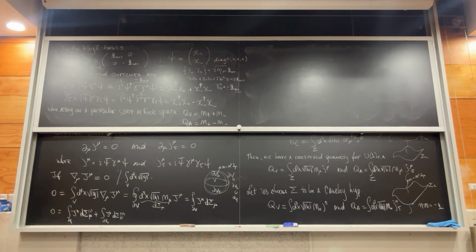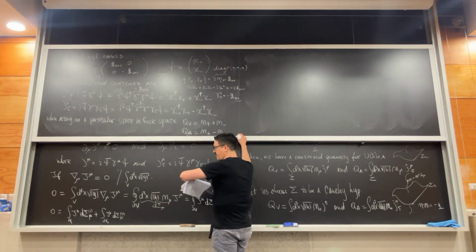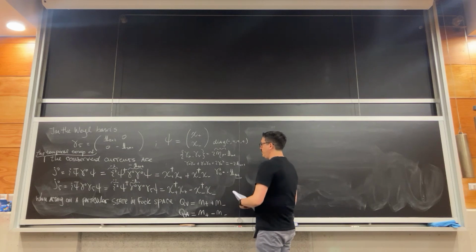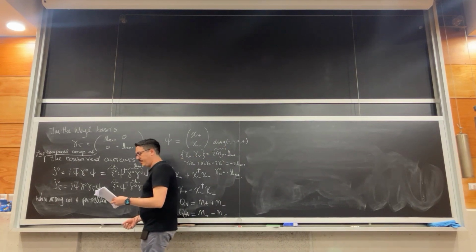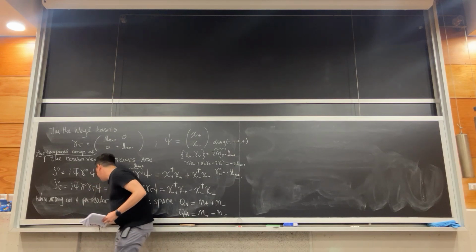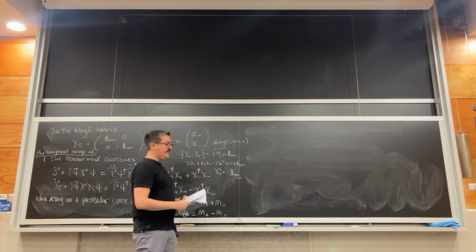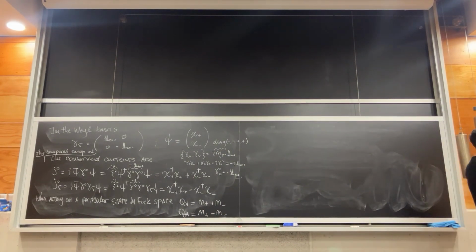Okay, what else? So let us compute the anomaly now. I'm running out of time. Okay, let's try. I will consider now some details about the similarities and differences with the vector U(1) symmetry.